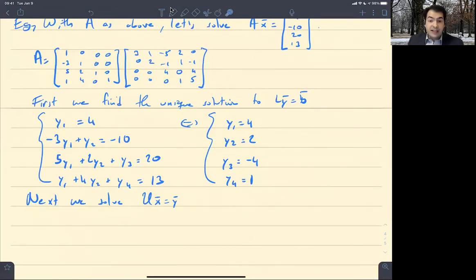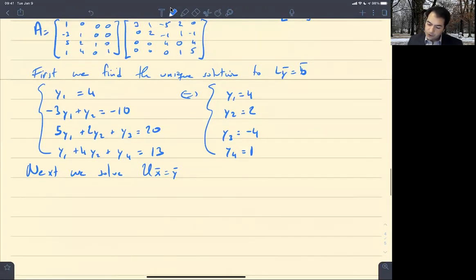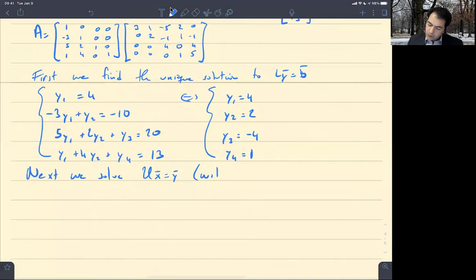It doesn't have ones on the diagonal, but otherwise, it is in echelon form. So we have pivots here, but this one does not have a pivot. So this is going to be a free variable. x5 is a free variable. So next we solve this with x5 as a free variable.